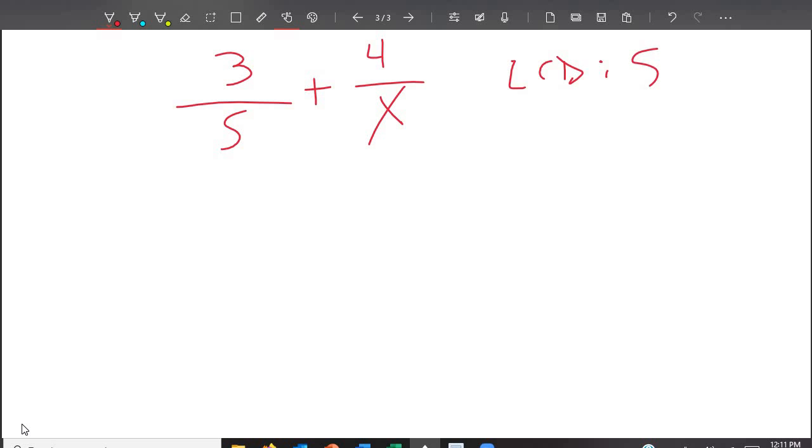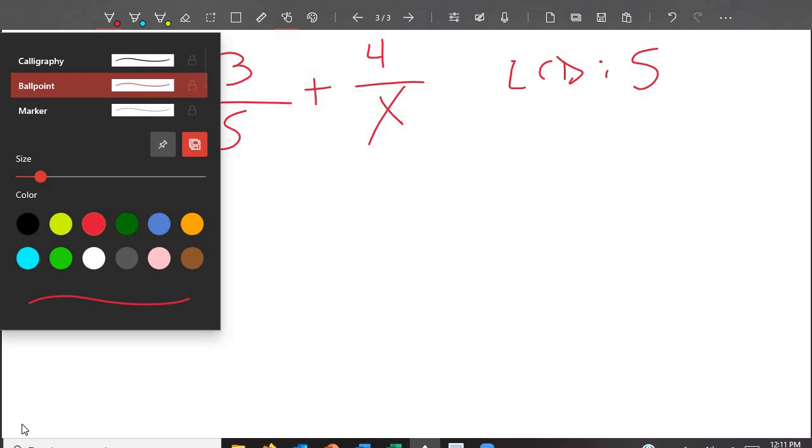Let's say I have 3/5 plus 4/x. Now remember, I said the LCD has to contain everything in the first denominator, so we have to include a 5, and it's got to have whatever they're not sharing from the second denominator.